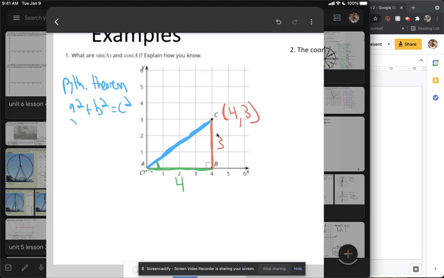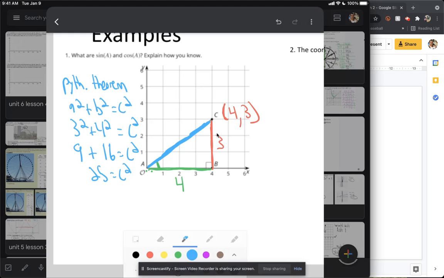So in this case, that's going to be 3 squared plus 4 squared equals c squared. So 3 squared is going to be 9. Okay. 4 squared is going to be 16. And 9 plus 16 is 25.